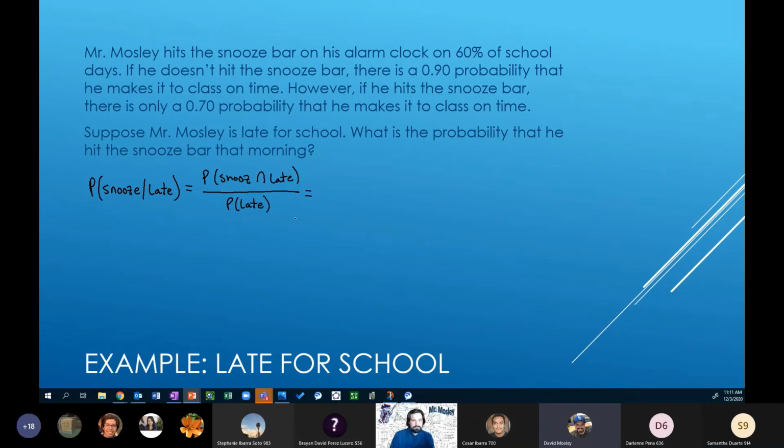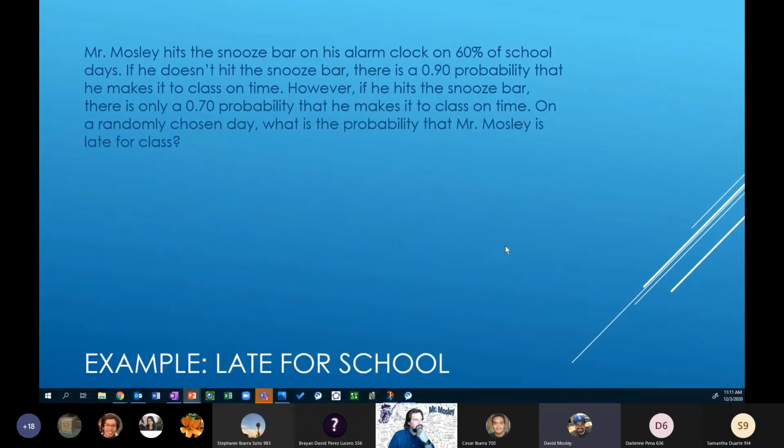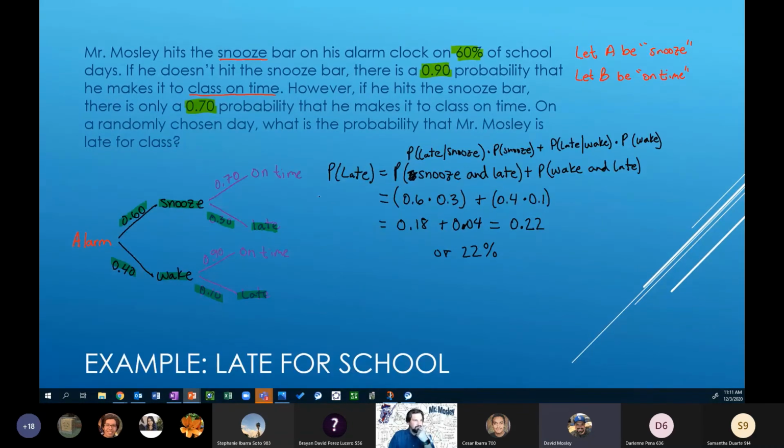Well, I just found both these numbers on the previous slide. Probability of being late is 0.22. That's what we found here. Probability of being late ends up being 0.22.